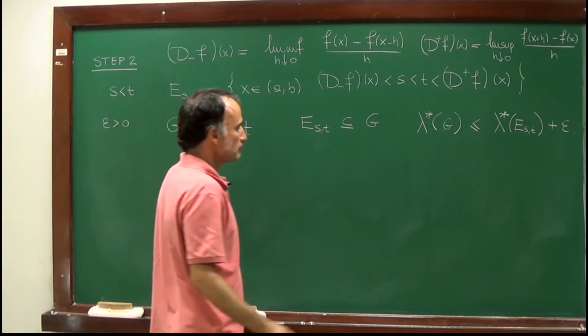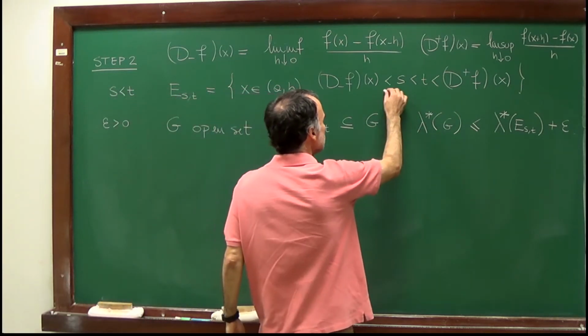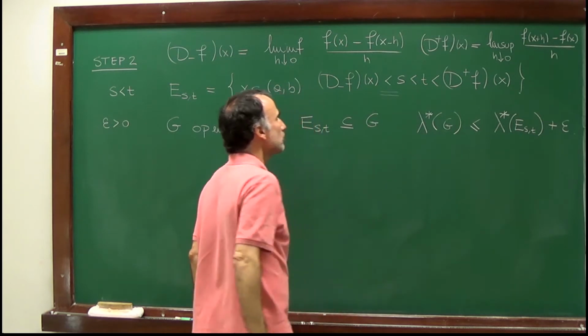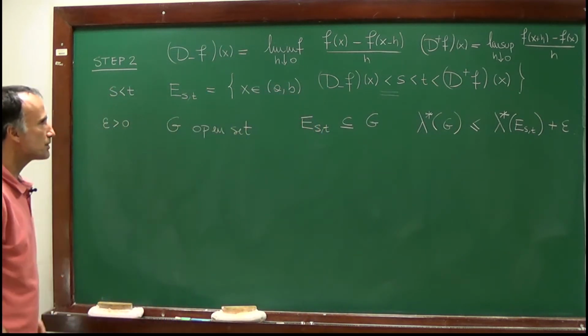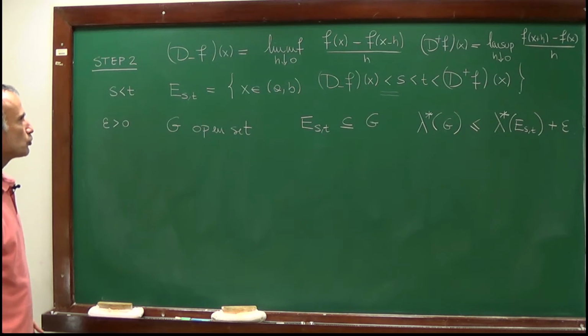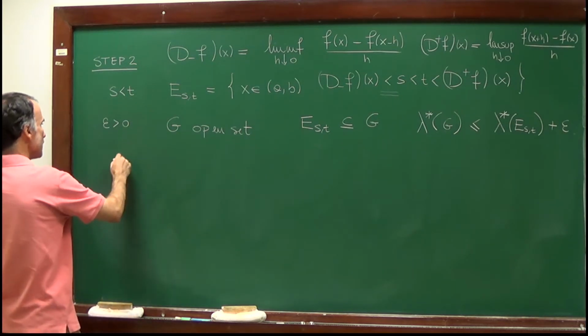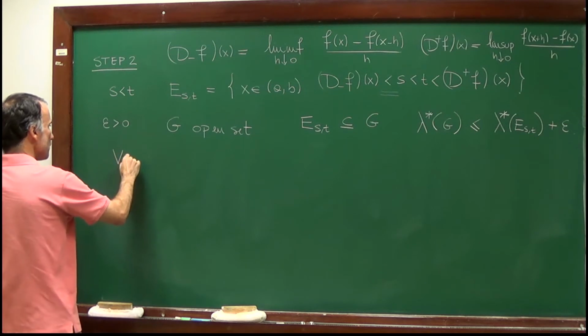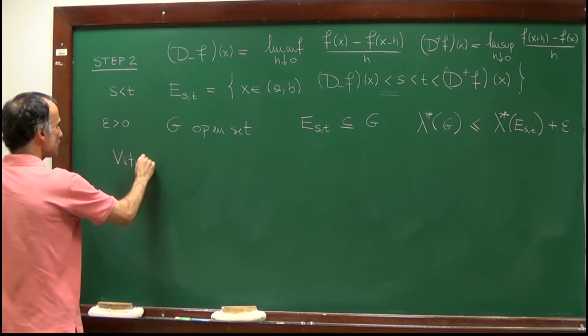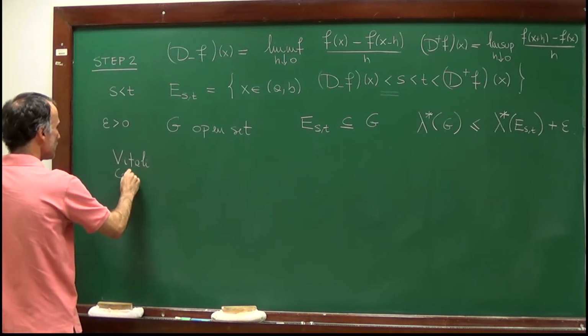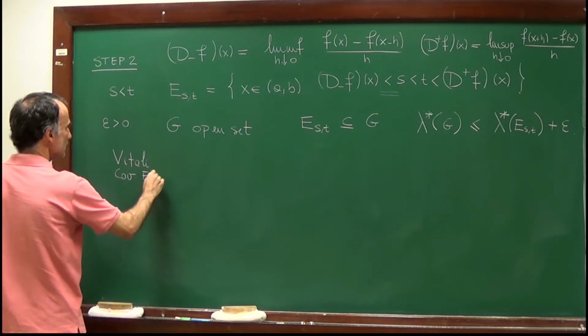And now let's start the proof. So I will use this inequality to construct a Vitali covering of E_s. So now I'm going to construct a Vitali covering of my set E_s.